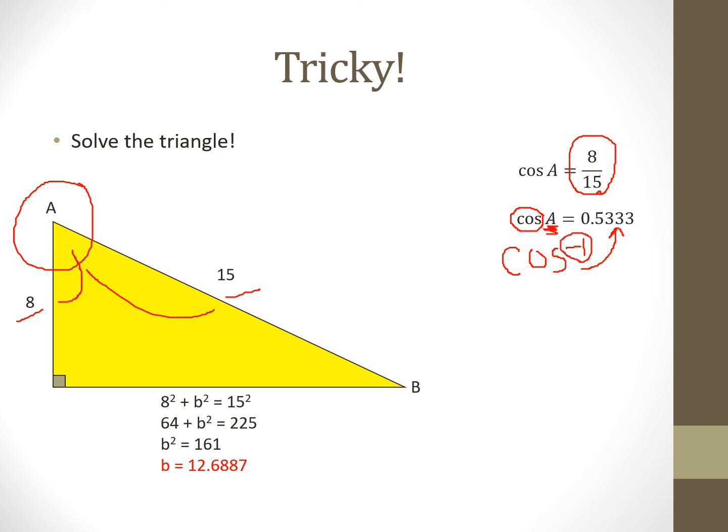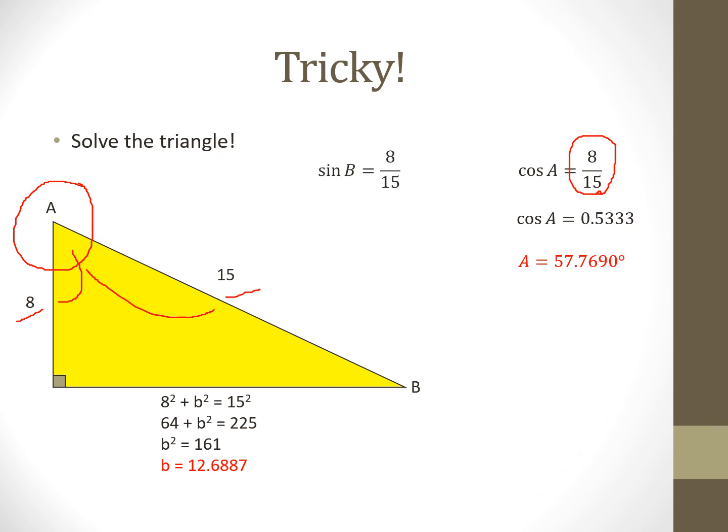Make sure there's a -1 there. It's on top of the regular cosine button, so make sure you do second and then cosine. And if you do that properly, you should get A is equal to about 57 degrees.